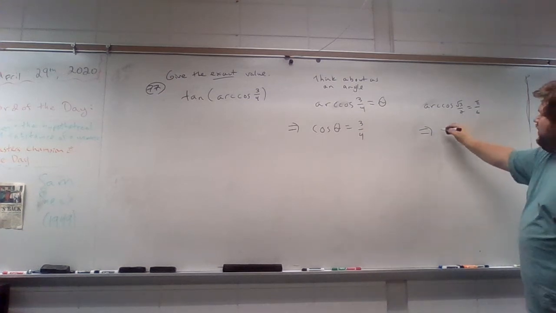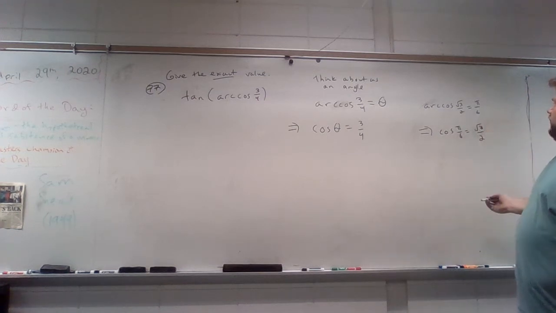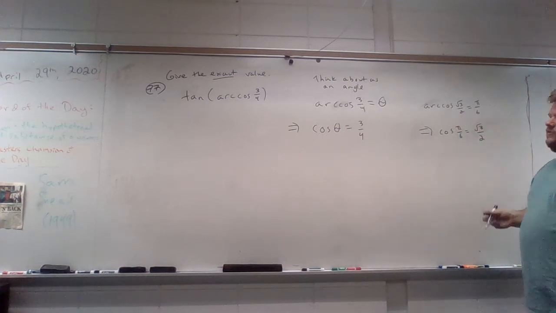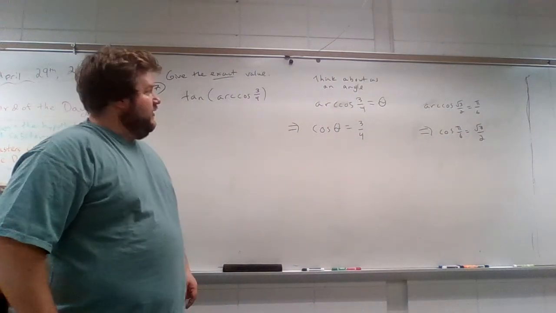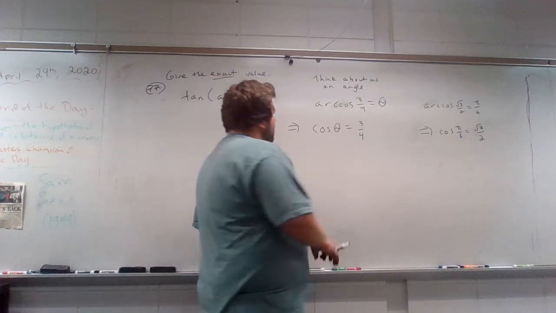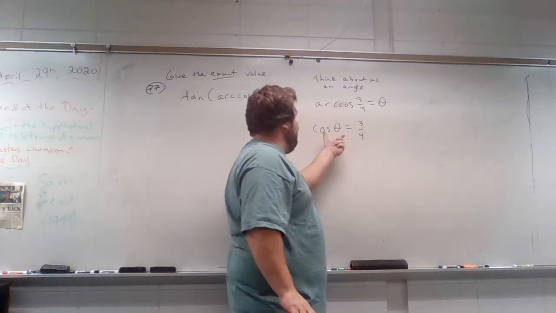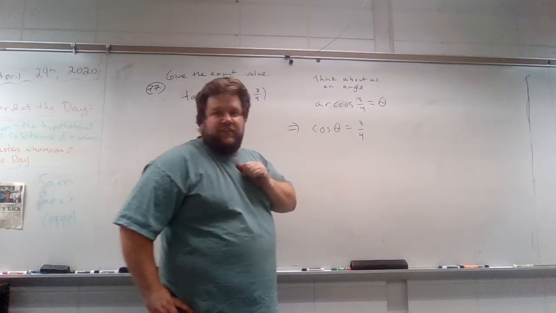Sorry, I wrote that backwards. What that really meant was that the cosine of pi over 6, that angle in radians, was √3/2. So there's this kind of definition here, and I could do that with any of these other inverse trig functions, which is what we're going to see. So arc cosine of 3/4 equals theta is the same as cosine theta equals 3/4.